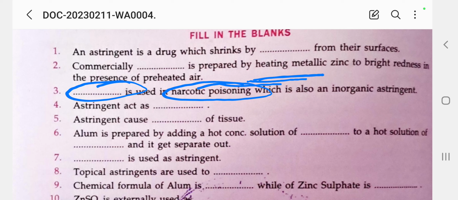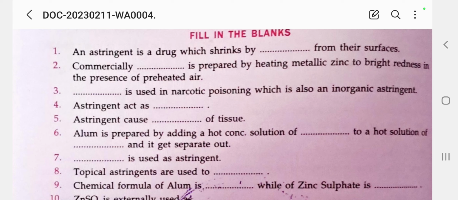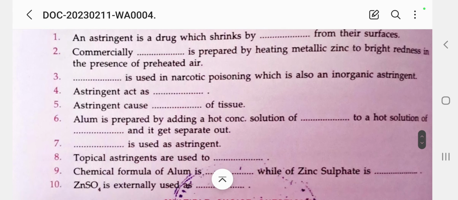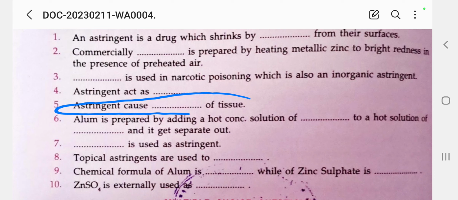Then the fourth one, how do astringents act? That is the mechanism of action, protein precipitation. Astringents cause shrinkage or contraction of tissue.